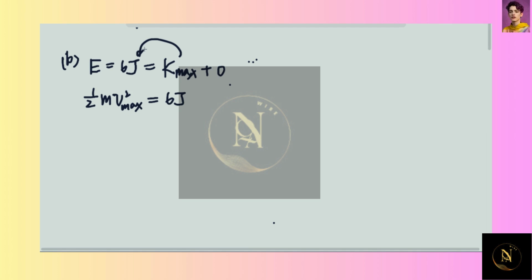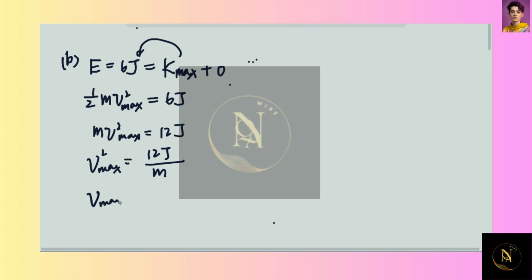So now we can solve this equation in a similar way to how we did part A. We multiply both sides by 2, and v max squared equals 12 joules over m.